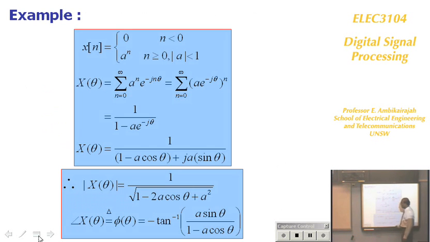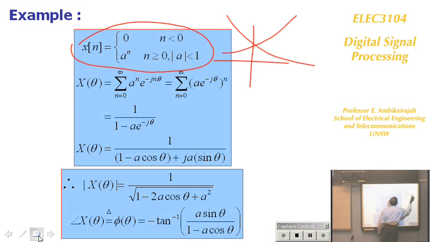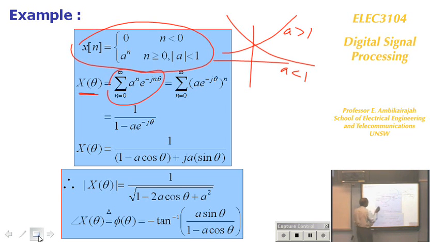So let's take one more example. I have to find the discrete time Fourier transform. Here's the signal given to you. If you plot that, that could be a signal like that or like this, depending on whether a is greater than 1 or a is less than 1. Now if you take this signal and find X theta, use the formula. You go from n equal to 0 because it's 0 when n is less than 0. So your summation starts from n equals 0 to infinity.